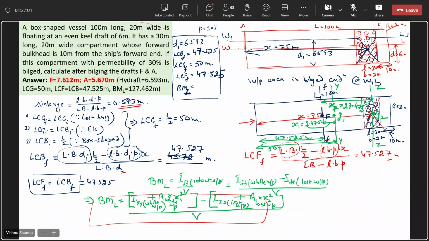Now I'll take it to the next sheet screen.